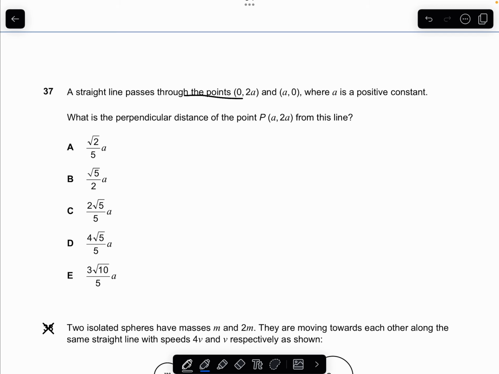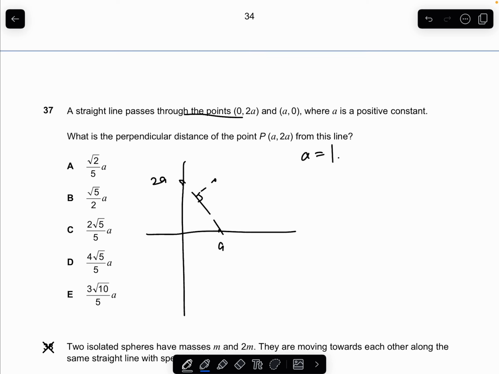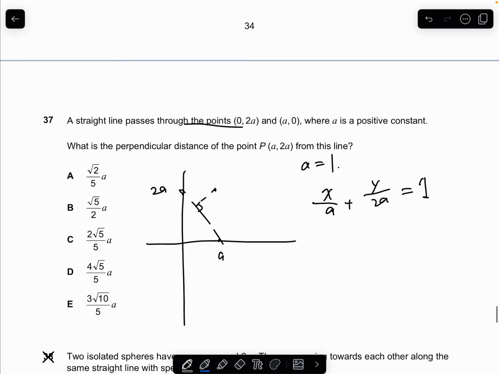Straight line passes through this, okay. 0, 2a, and a, 0. So we calculate this. Okay, I will set a equals 1, and it is x over a plus y over 2a equals 1, I think, right?